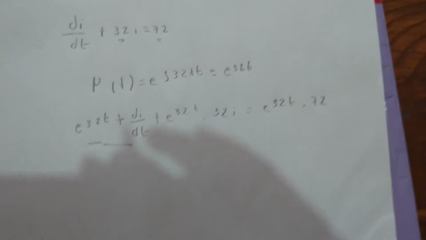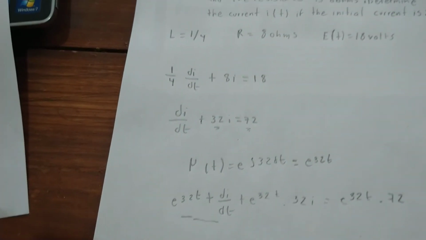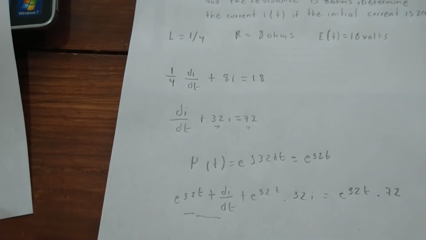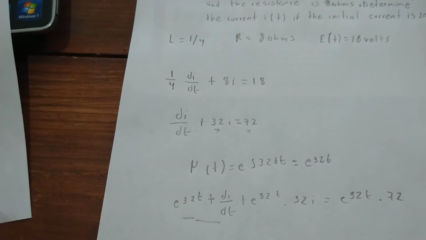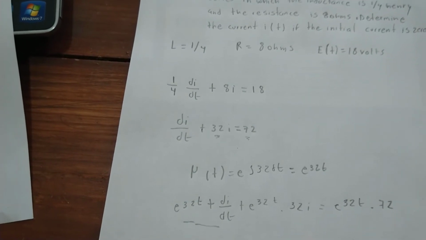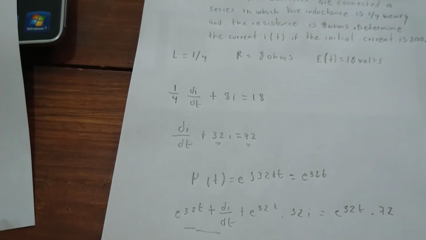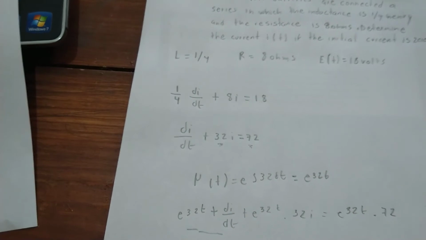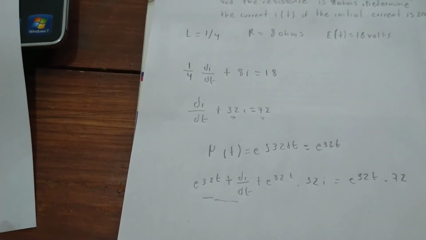So if the left side of this equation is equal to this derivative, then this derivative must also be equal to the right side, or 72 times e to the power of 32t.